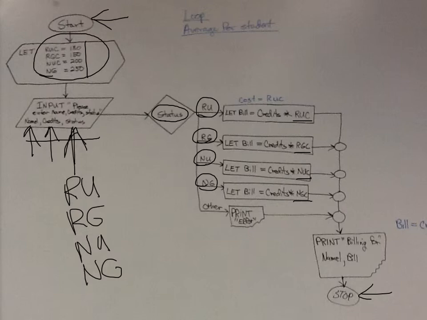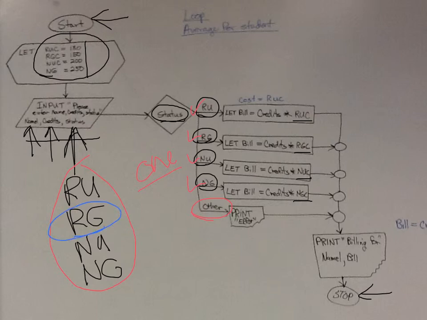So when it hits this box, it checks the status and selects the correct one, and it's only going to select one. Okay? If for some reason none of these were in, somebody mistyped one of them, or they actually typed it out, then it would go to the other box. So resident grad, for example, let's do that one.